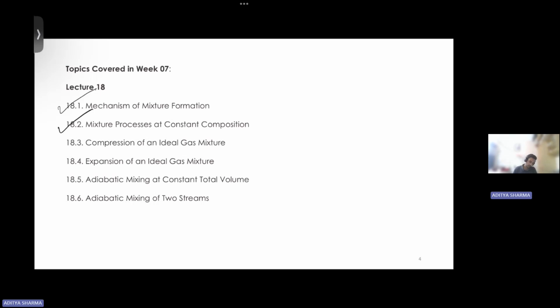Then the next topic is compression of an ideal gas, and after that is expansion of the ideal gas. So again, we are discussing ideal gas mixture.